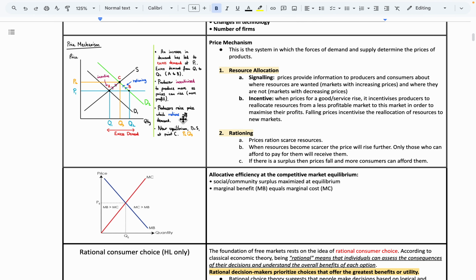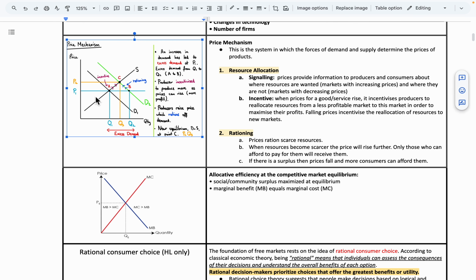Now let's look at the price mechanism. So this is the system in which the forces of demand and supply determine the prices of products. So here I have a diagram which shows A going towards C, which is incentivizing, and B going towards C, which is rationing. So number 1 we have is resource allocation, which is signaling and incentives.